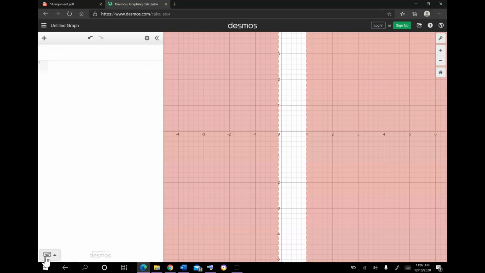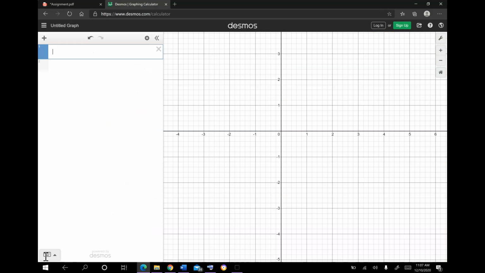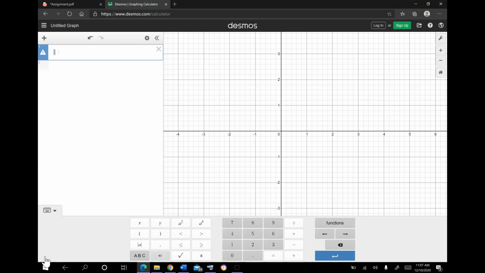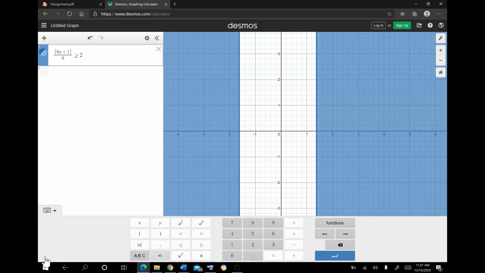Let's do another one. So number 2 is going to be the absolute value of 8x plus 1, absolute value, divided by 6, and it was greater than or equal to 2. Here it goes again.